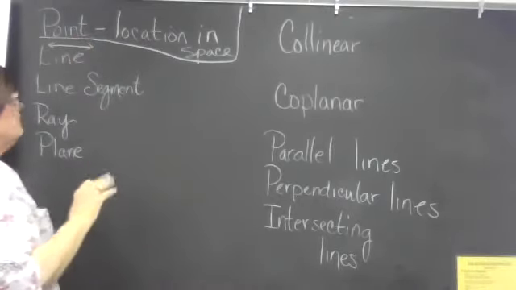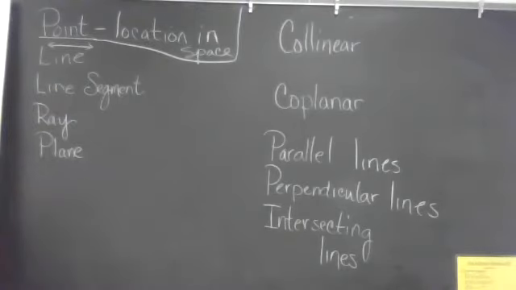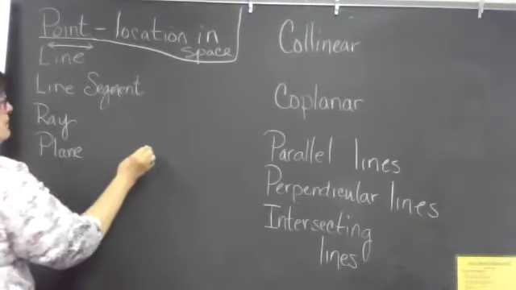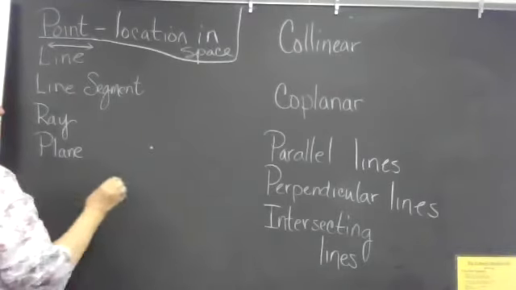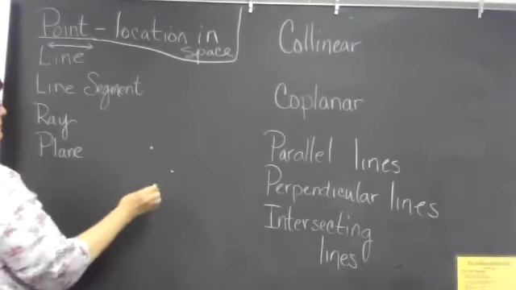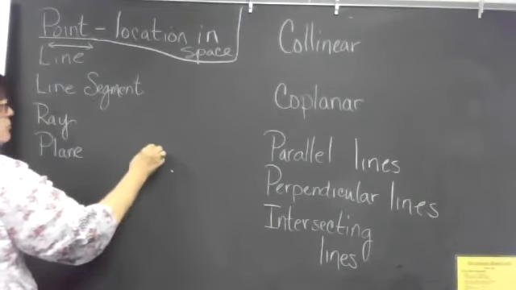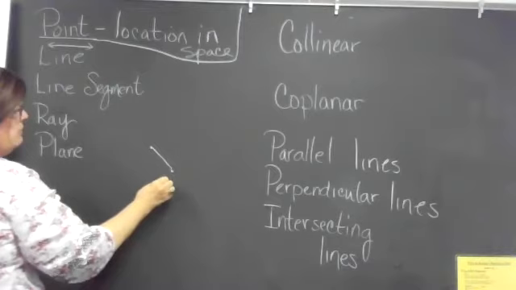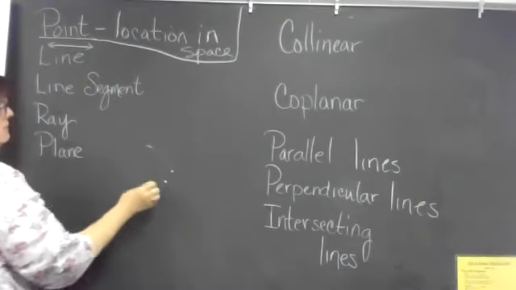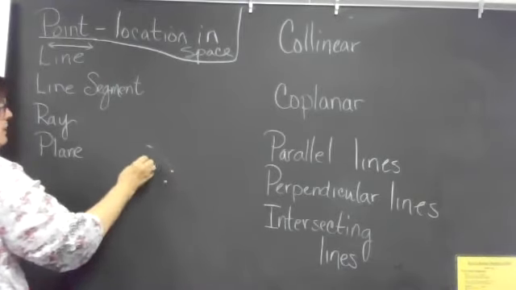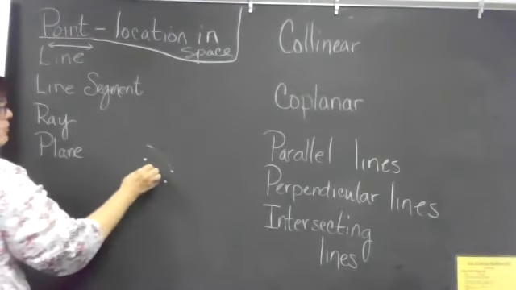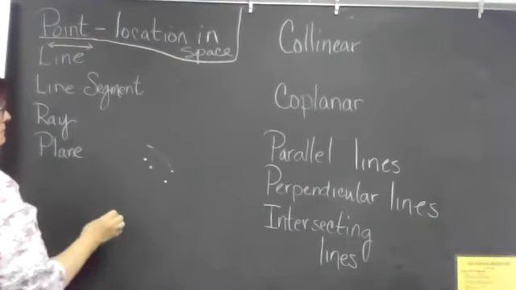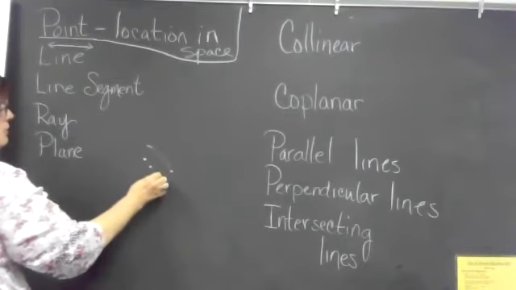Now, the cool thing about this, when I tell you that a line is a set of points, means here's a point somewhere in space. Here's a point somewhere in space. And they're joined together, right? But they're not really joined together. Here's a point in space, here's a point in space, then there's another point in space and another point in space.